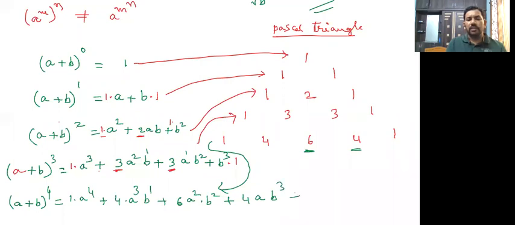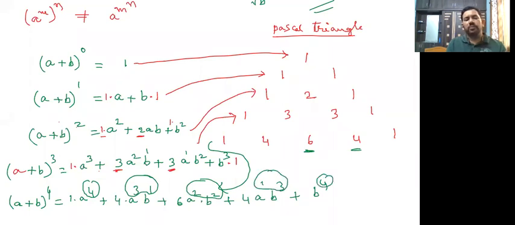And the last one, b power 4. Here observe the powers: here is a power 4, here 3 and 1, 3 plus 1 is 4, 2 plus 2 is 4, 1 plus 3 is 4. The power should be the same. Okay, now 1 4 6 4 1 we got. So this is how we write the formula a plus b whole power 4.